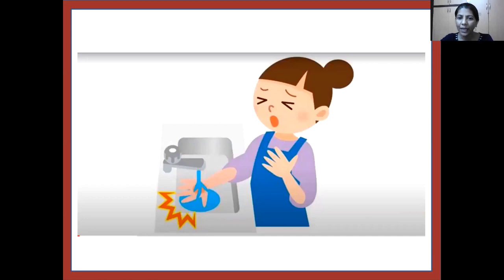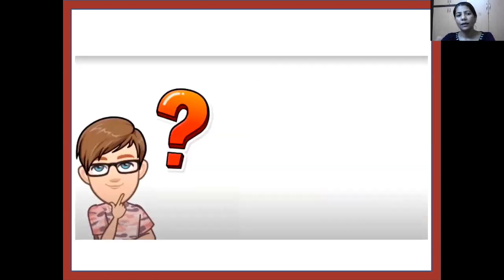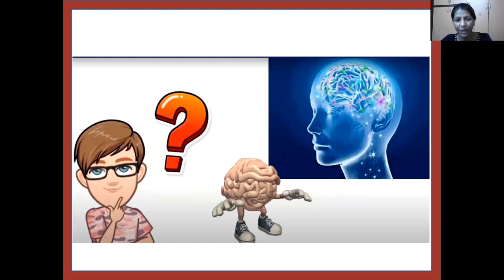Okay, now you know very well that we can think on our own, we react on the things. Now, how do we do it? Because we have brain. We are human being and brain gives us the instructions, and through those instructions we work accordingly.